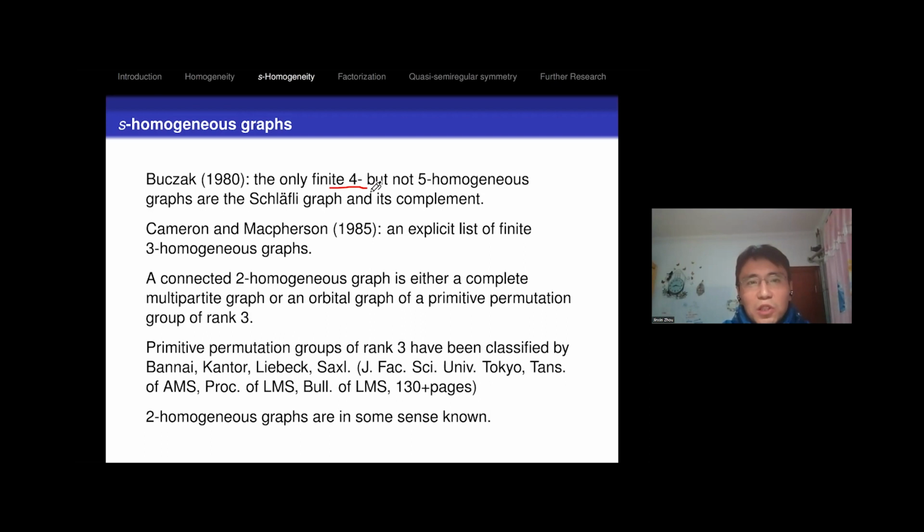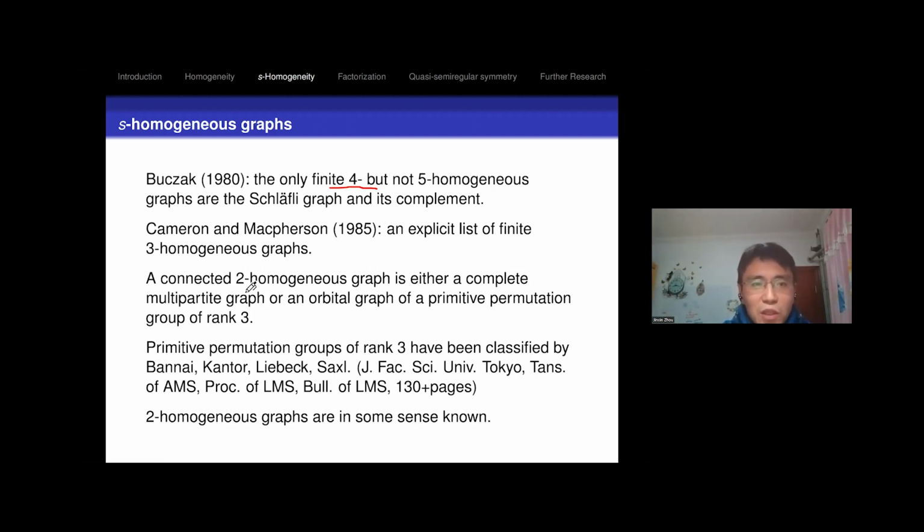For 4-homogeneous, the graphs are also very restrictive. And when s is 3, Cameron and Maxson gave an explicit list of finite 3-homogeneous graphs. There are some infinite families in this case.